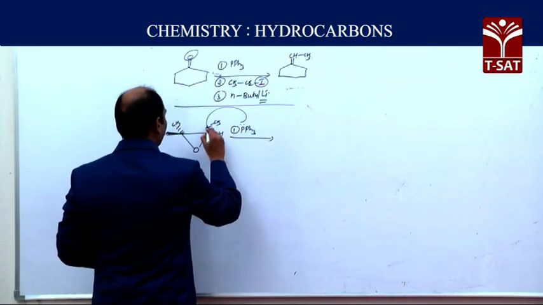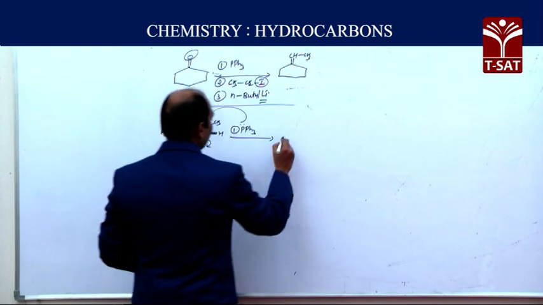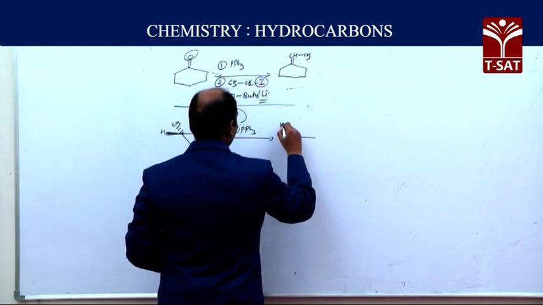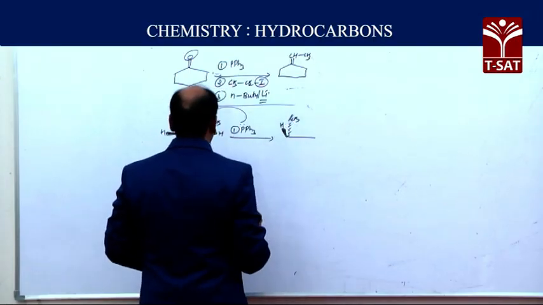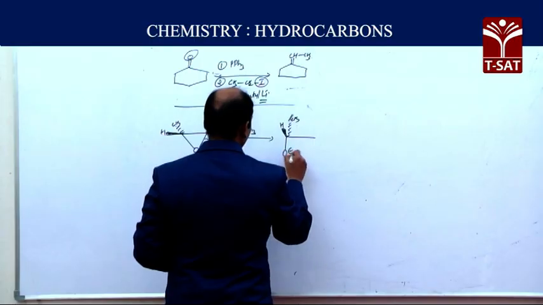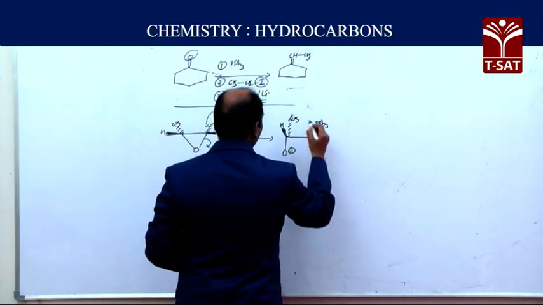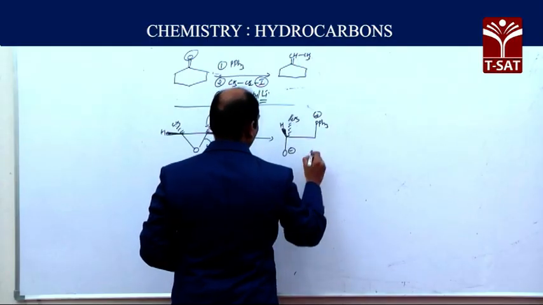So this one attacks here, the bond is migrated here, this is C, here this is H, and here this side is CH3, and next here this becomes O minus, and here it is PPh3 plus.